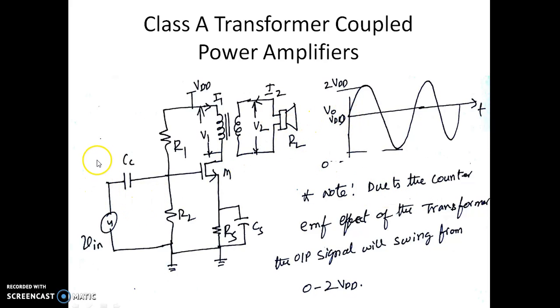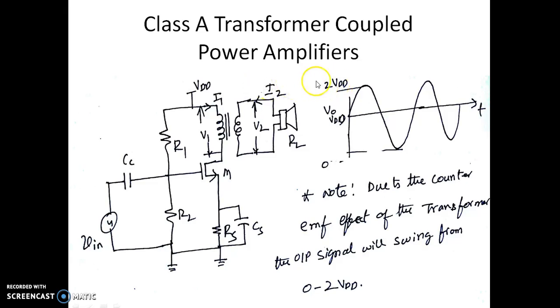Input waveform is varying from 0 to VCC, 0 to VDD in this case. If you carefully observe here, the output is actually varying from 0 to 2 VDD. Even though the input voltage is from 0 to VDD, because of this transformer, due to the counter EMF effect of the transformer, the output signal will swing from 0 to twice the VDD, twice the supply voltage.